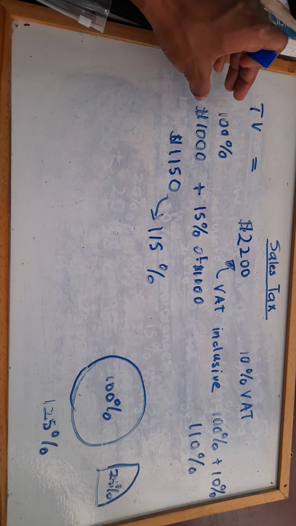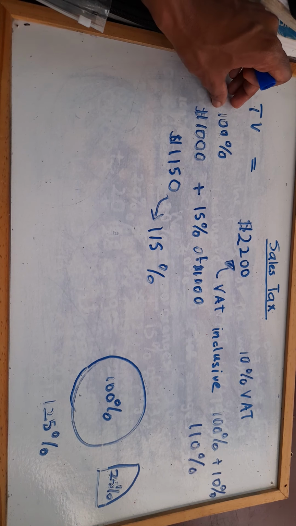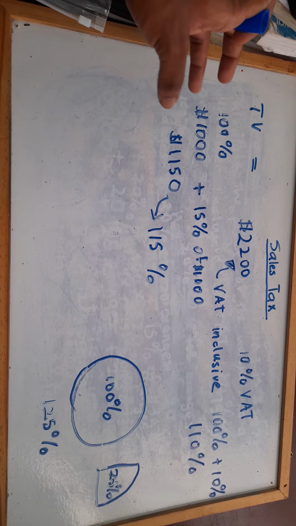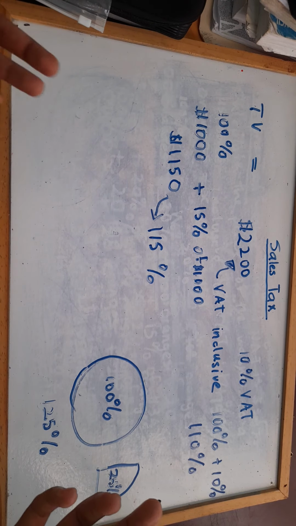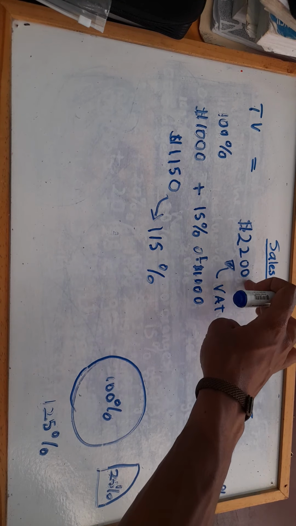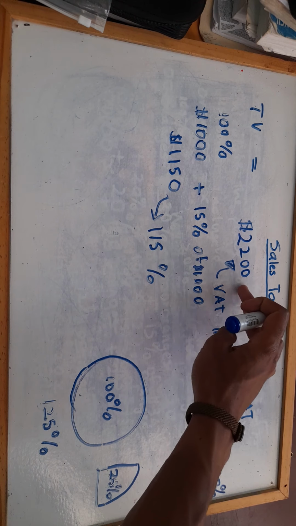Hopefully you guys are following. They want the 100% cost of what it was before, right? 100% is what you had before, the initial something, before you added on something. So we have a price of $2,200. This price here has VAT.